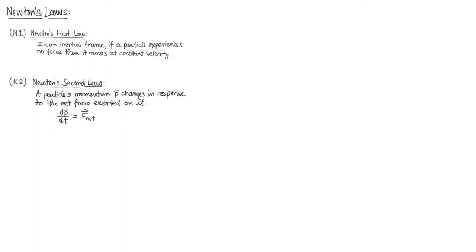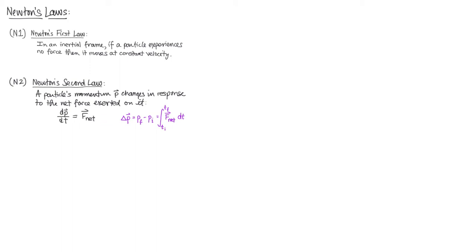You can also express it in integral form by thinking about momentum and impulse and change of momentum. So if you integrated both sides of this equation with respect to time, then the left-hand side would become the momentum, final minus initial, and then the right-hand side becomes the time integral of F net dt.